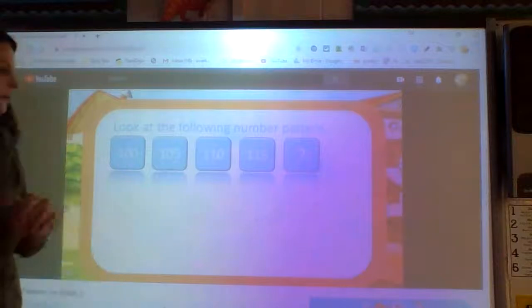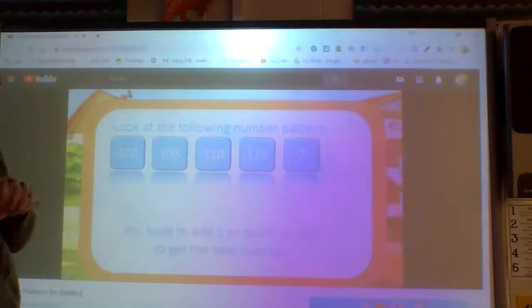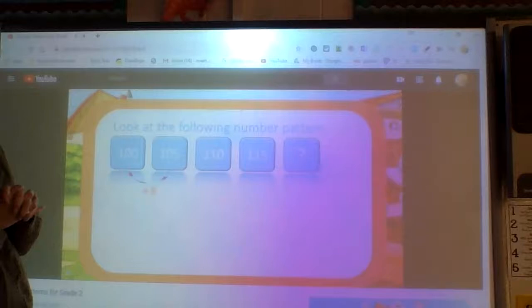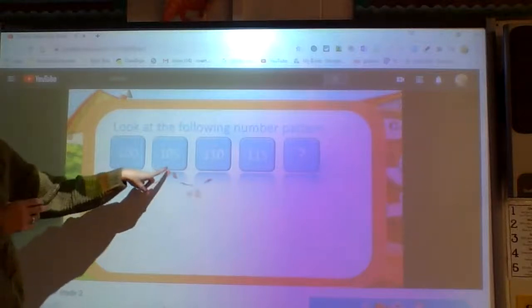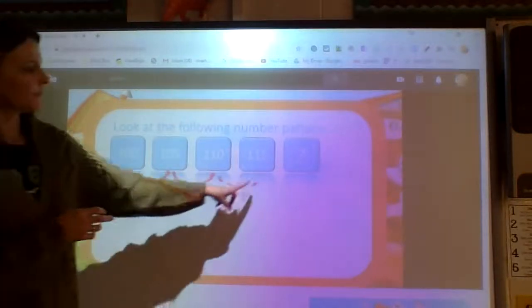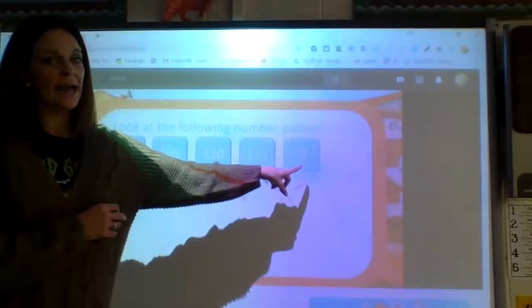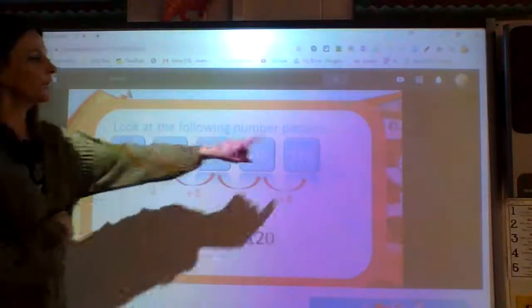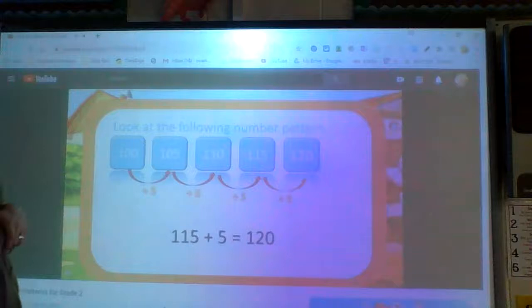Can you see the pattern? You have to add 5 or count on by 5. What happens when we add on 5 more? We get 120.